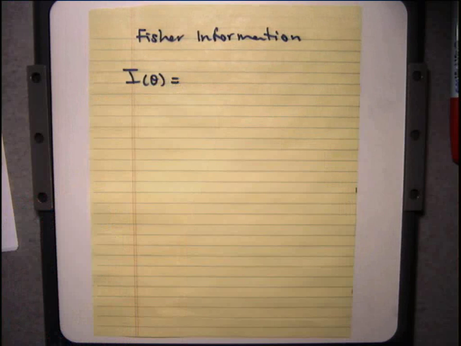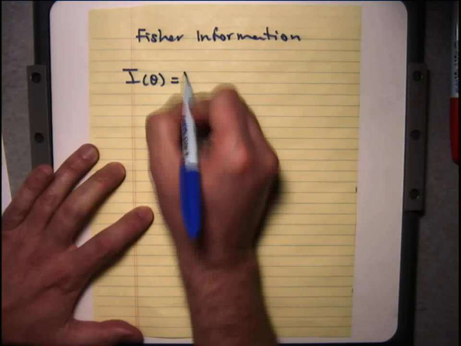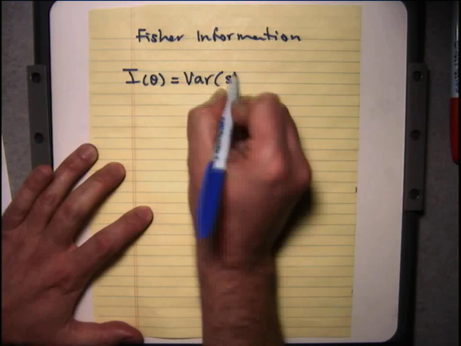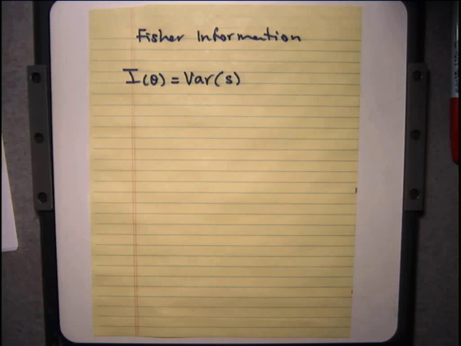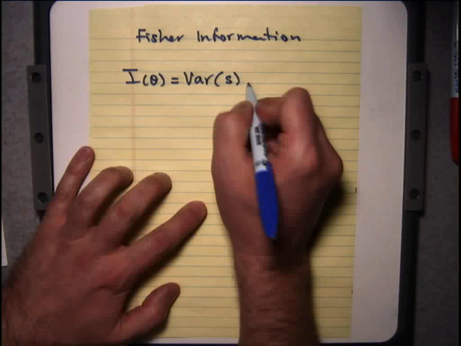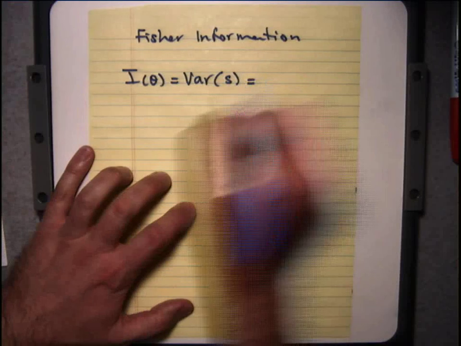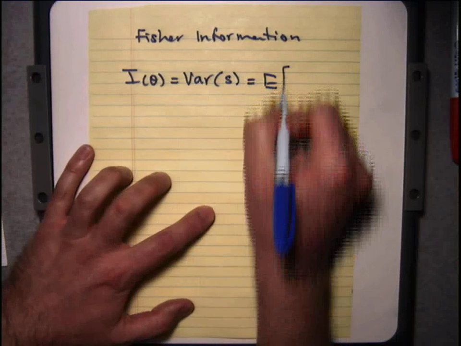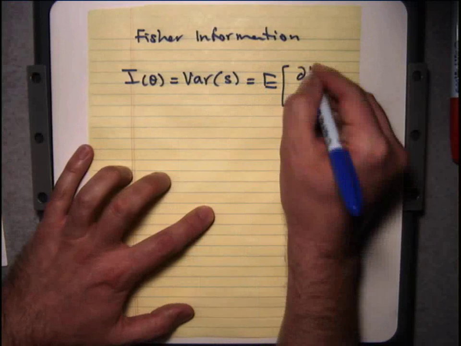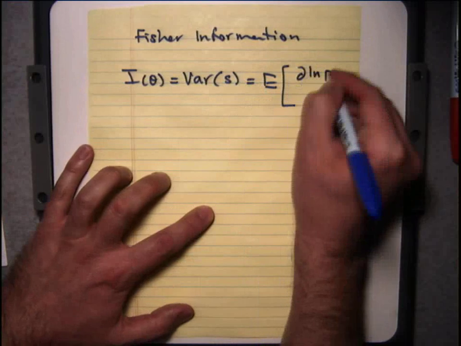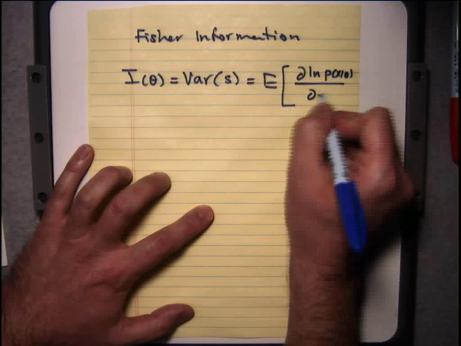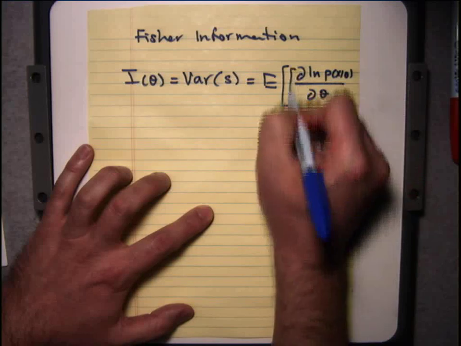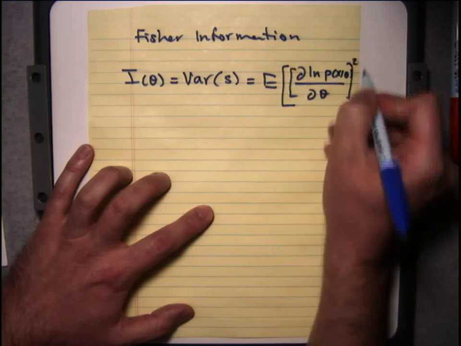One of them was that it's the variance of the score function. If we look at what the variance of the score function was, it's the expected value of the derivative with respect to theta of the log of p of x given theta, squared.